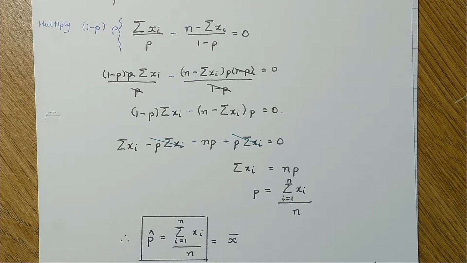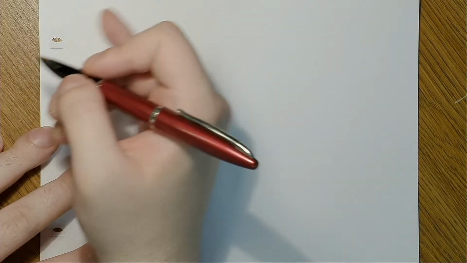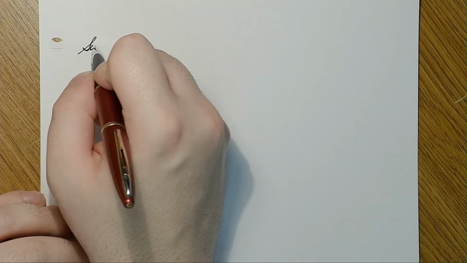So are there any questions about that so far? So maybe what we should do is just a little summary then of the steps that I was doing so far. So a summary.